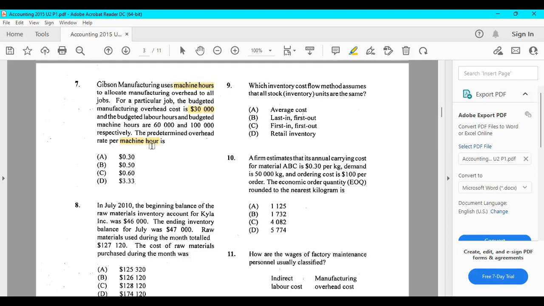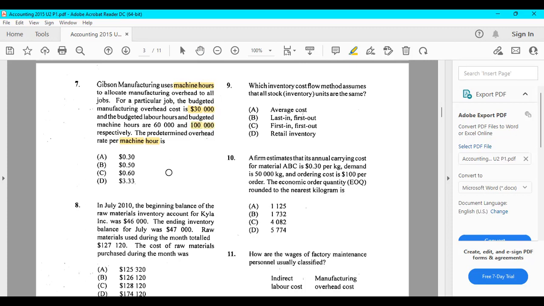So that means budgeted labor hours goes with the 60,000 and budgeted machine hours goes with 100,000.